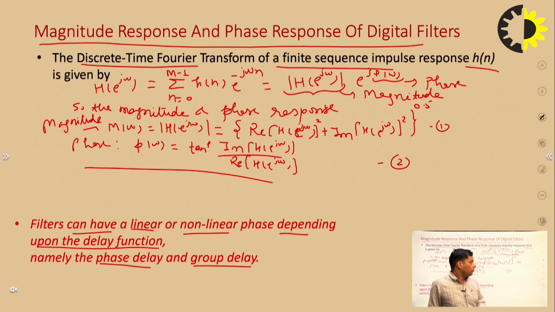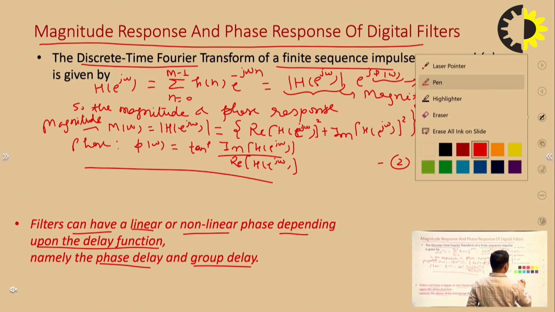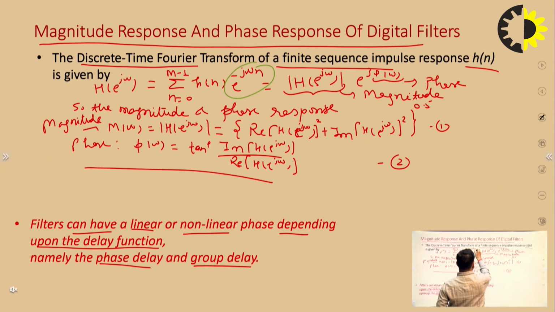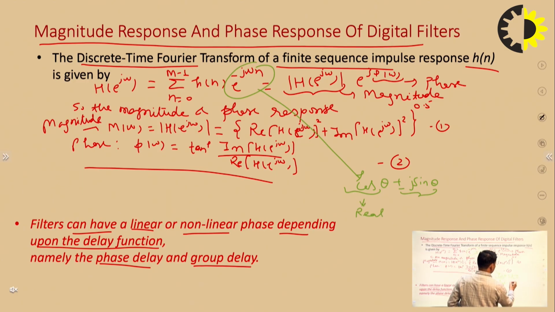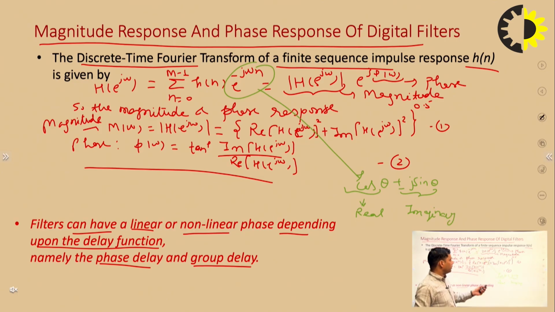Comparing, we break it into the real part and the imaginary part: the real part is cos omega n and the imaginary part is minus sin omega n.